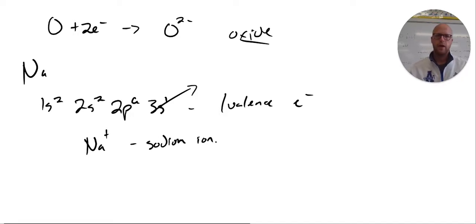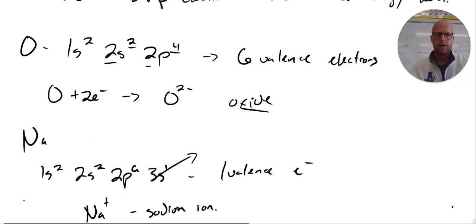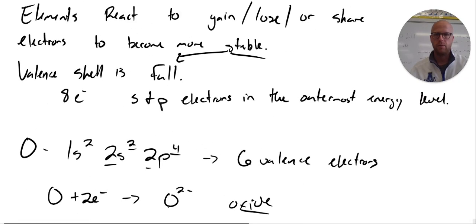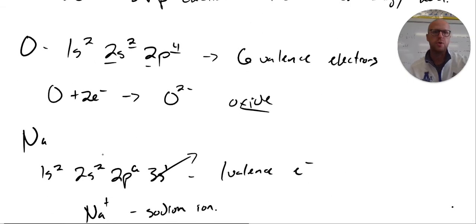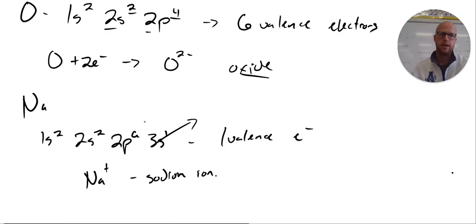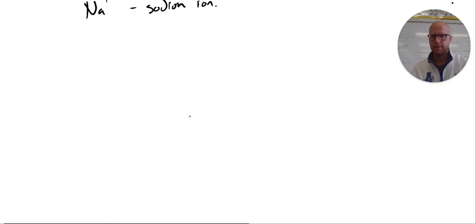So there's where our electrons come and go from. Sodium might react with oxygen because sodium gives up electrons and oxygen takes those electrons. It's not just that sodium loses an electron, it loses it to something else, and oxygen doesn't just gain electrons, it gains them from something else.